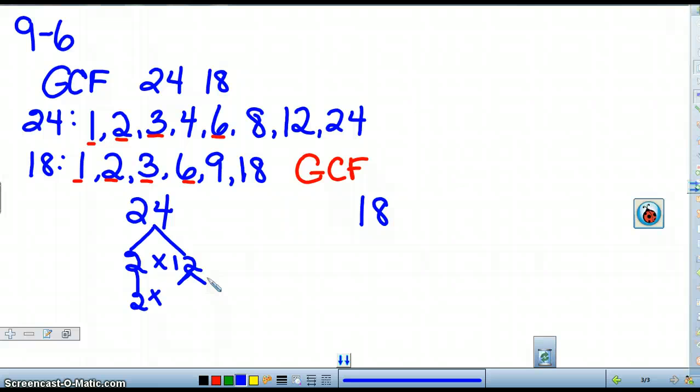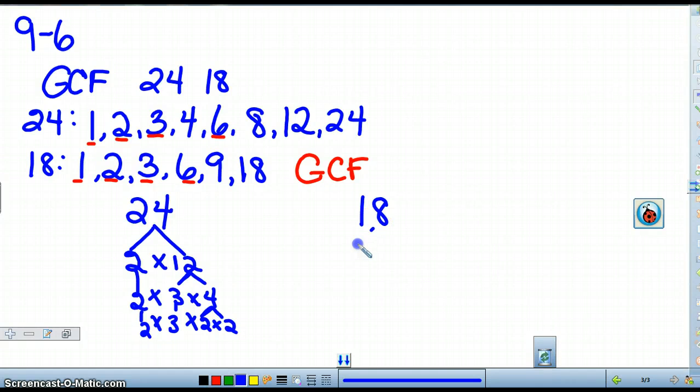No. What's a fact that multiplies to be 12? 3 and 4. 2 is prime, 3 is prime, 4 is not, that's 2 and 2. Now I'm left with my prime numbers: 2, 3, 2, 2. Done there.